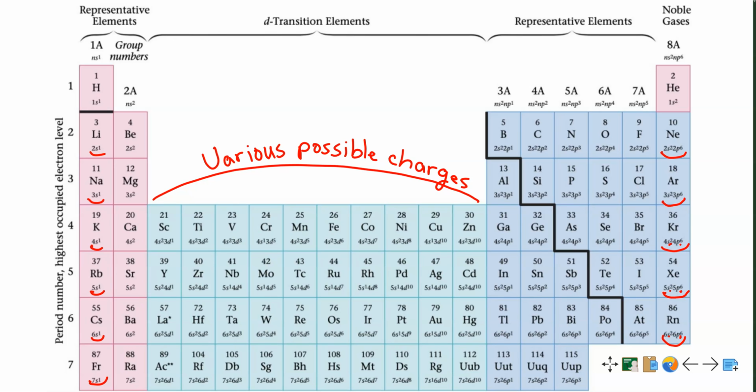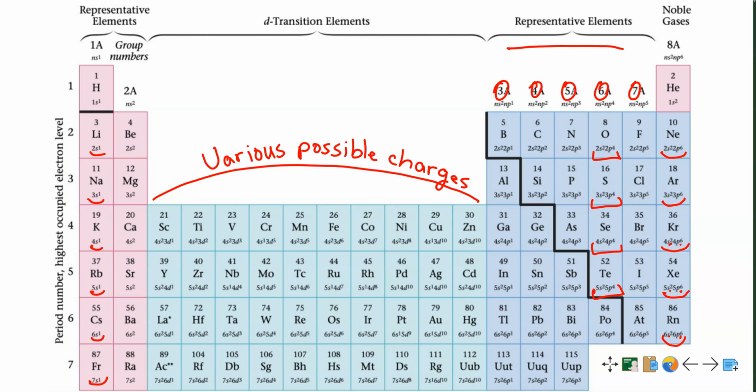Okay? The representative elements over here are not like that. Okay? Oxygen has 6, sulfur has 6, selenium has 6, tellurium has 6. Everything in this column has 6. Everything in this column has 7. Everything has 5, 4, 3, etc. Okay?